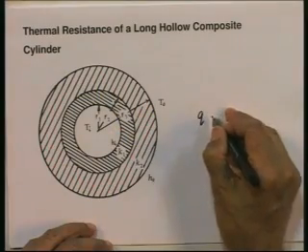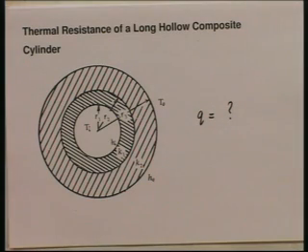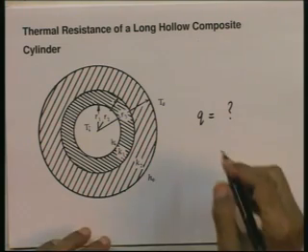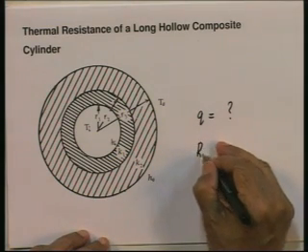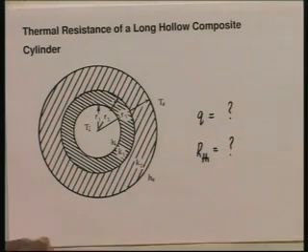Now, we can go through a derivation for this case again in the same manner as we did for an infinite composite slab and derive expressions for Q, what is the rate at which heat flows across this composite cylinder, and what is the thermal resistance for this composite cylinder. We can do both that in exactly the same way that I did for this slab.